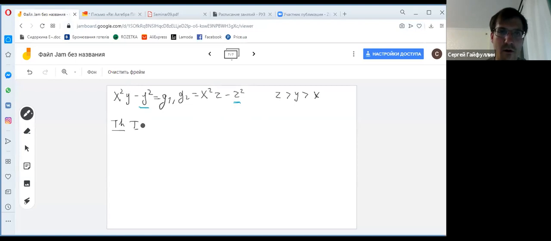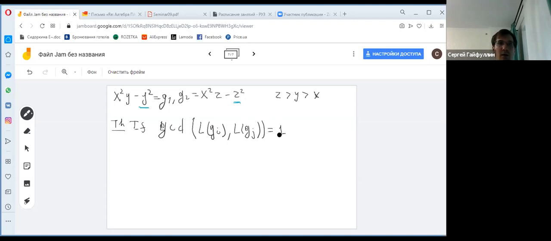If the greatest common divisor of two leading terms, L of Gi and L of Gj, is 1, so they are relatively prime, then their S polynomial can be reduced to 0 just by these two, Gi and Gj.